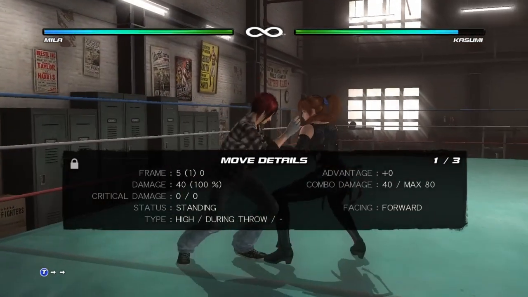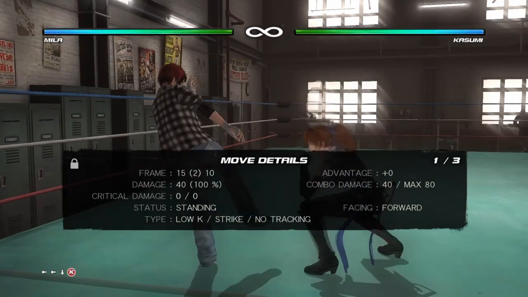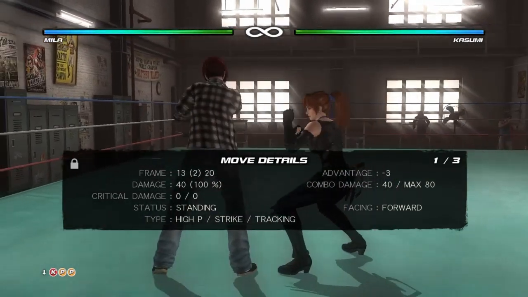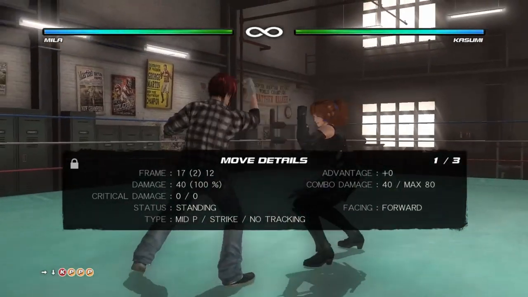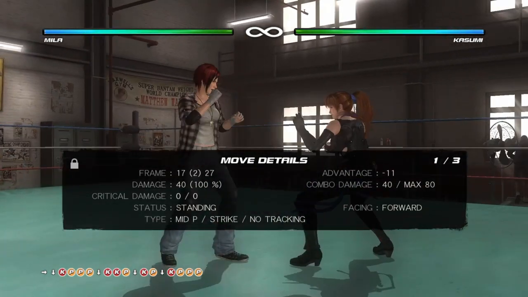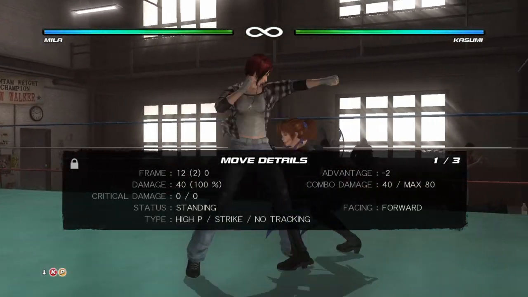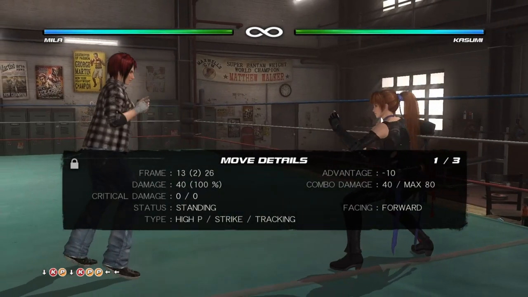So what's happening here? This here is negative 14. This here is making it negative 24. So that's actually forcing it to be negative 10.